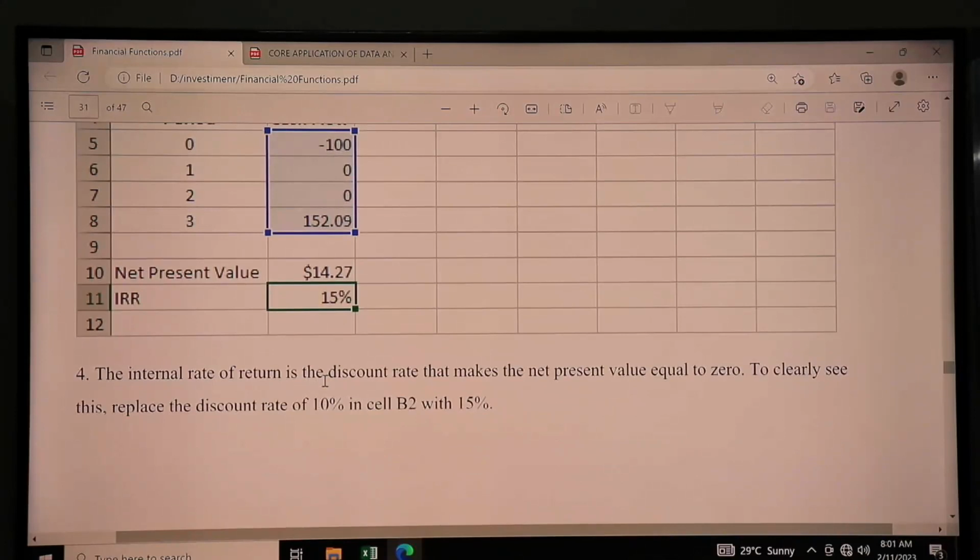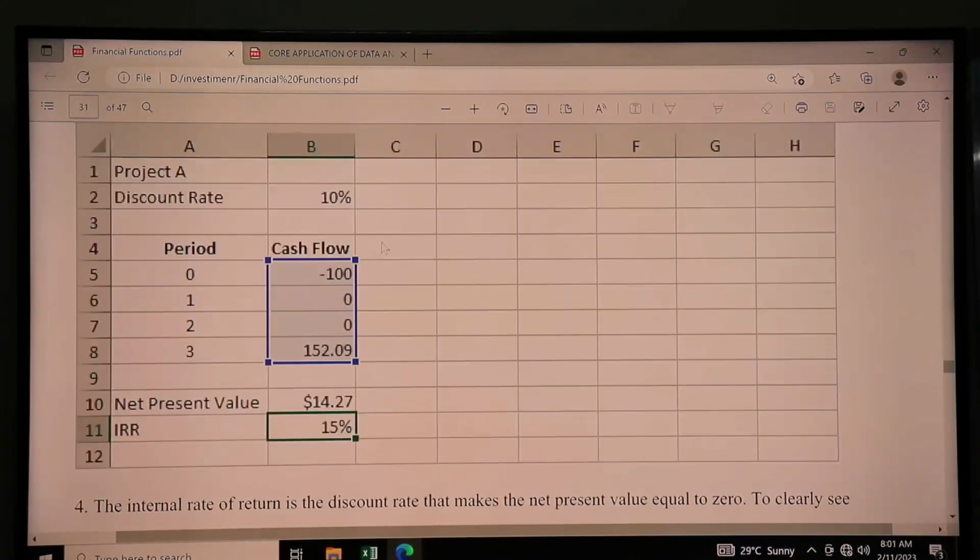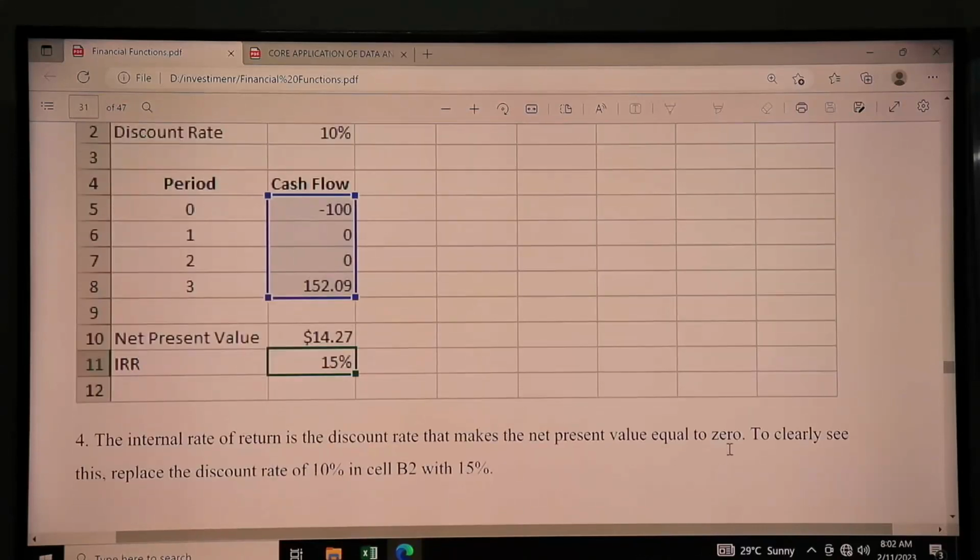So to clearly see this, now I want to replace the discount rate that was 10%. We replace it with 15%, because the discount rate was 10%. If we replace this one with our internal rate of return, which is 15%, now what will be our net present value?